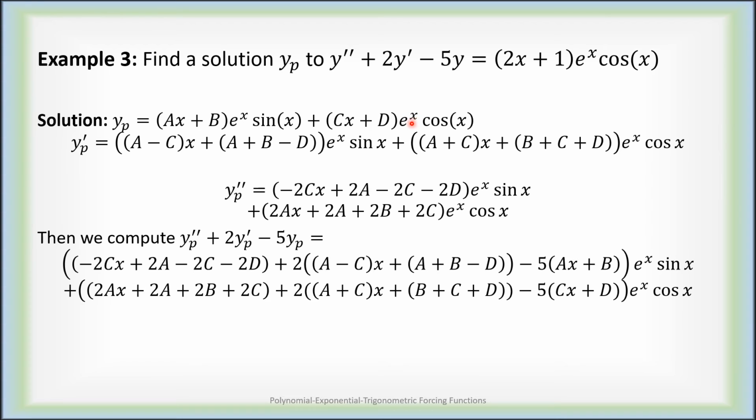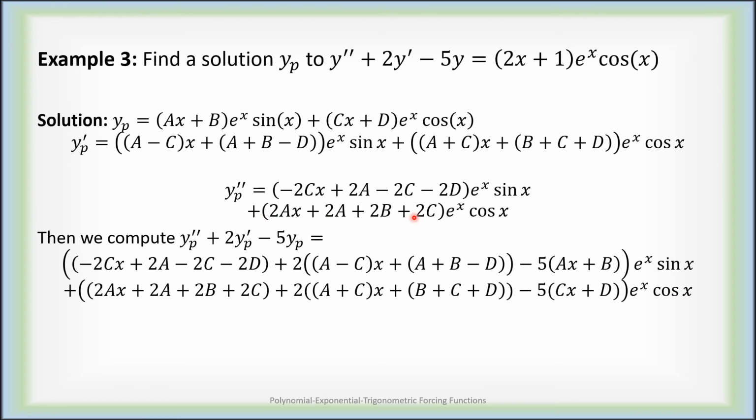Just know in advance you're going to have a bunch of things times e to the x sine x. They could come from yp double prime, in which case you'll get negative 2cx, 2a, minus 2c, minus 2d. There they are. You'll also get 2 of whatever you had for yp prime. There that is. And I will take away 5 of whatever I had from yp, minus 5 there. Similarly, what do I get for my e to the x cos x's?